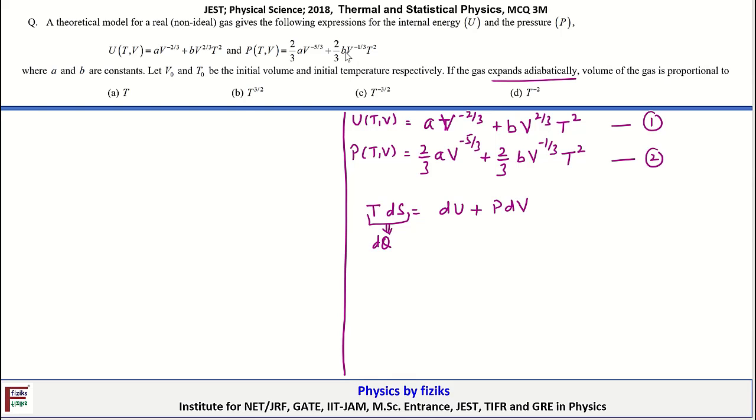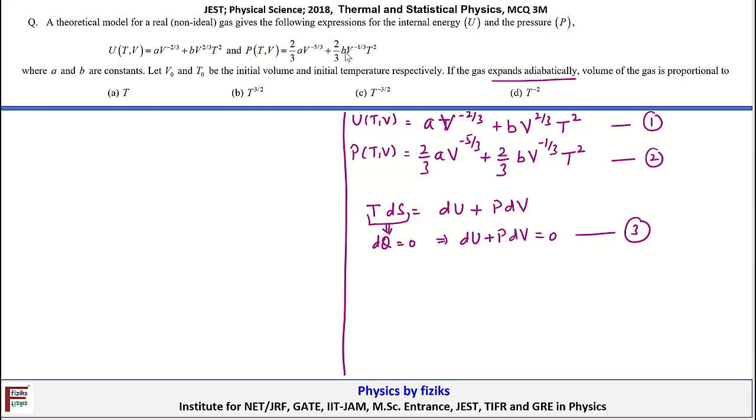Since the process is adiabatic in nature, dQ will be equal to 0. So this implies dU plus PdV is equal to 0. This is equation 3. For the process to be adiabatic, this equation must be satisfied. So from the given information we are going to validate equation 3 for the given non-ideal gas.